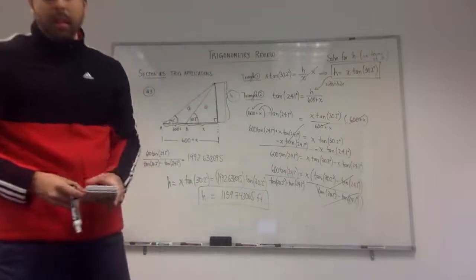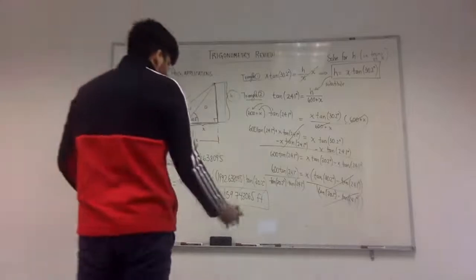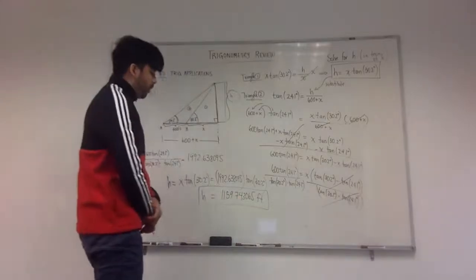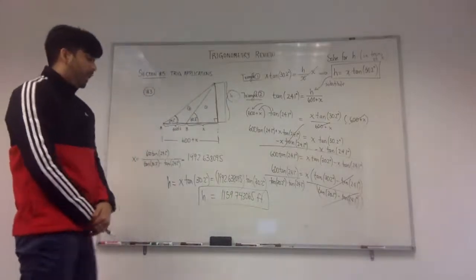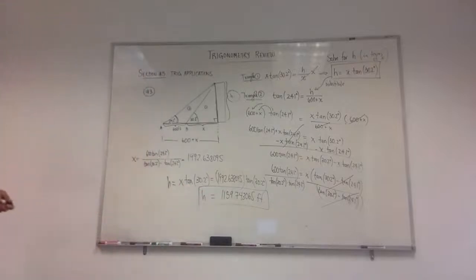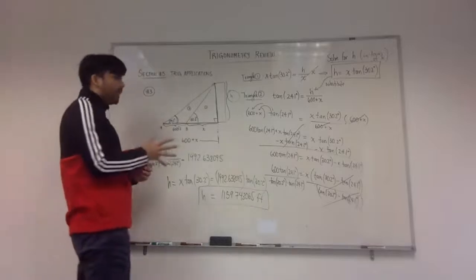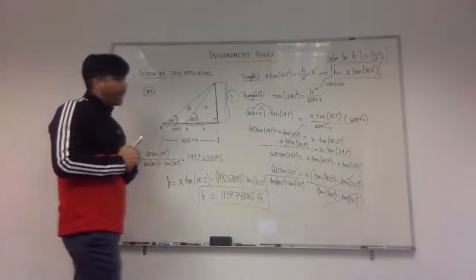And if you want to round to the nearest two decimal places, it'll just be 1159.74 feet. So this one requires a little bit more, but the ideas are pretty straightforward.